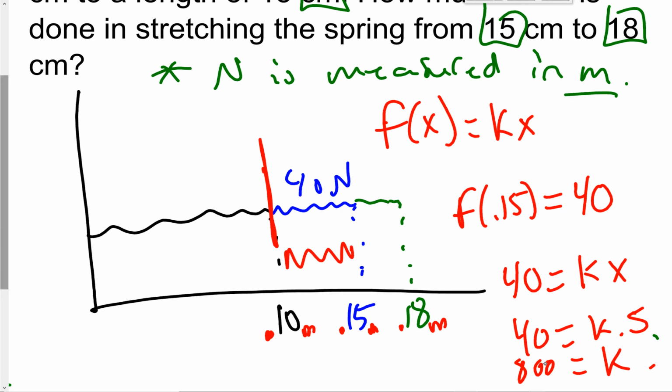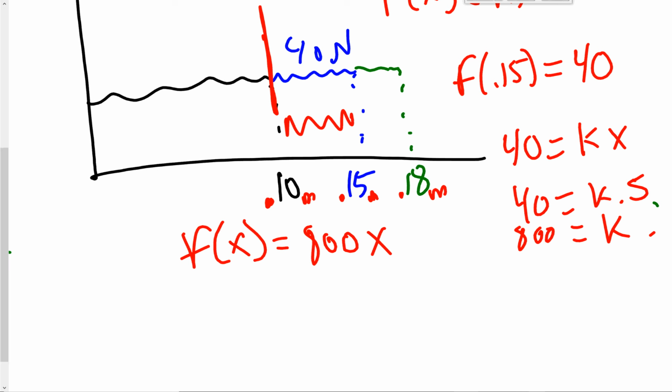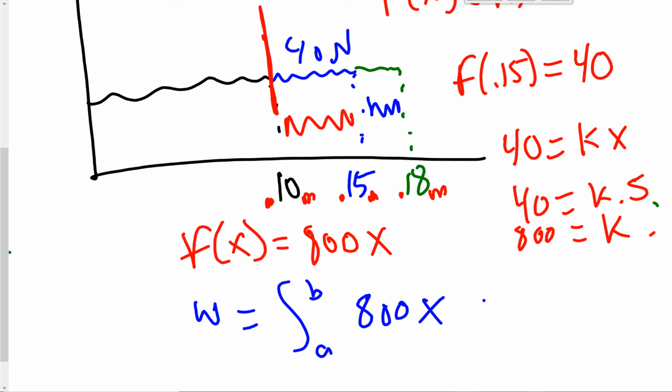Now I can write my force equation, and now I can find the work maintained to go this distance. So that is the integral from a to b of 800x dx.